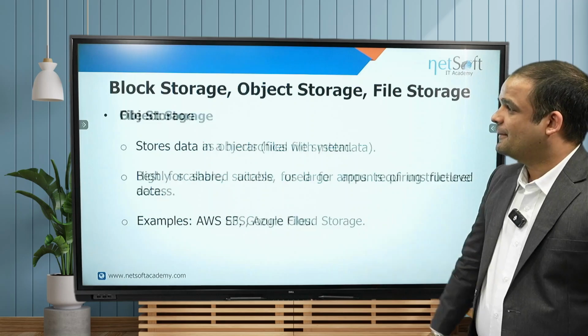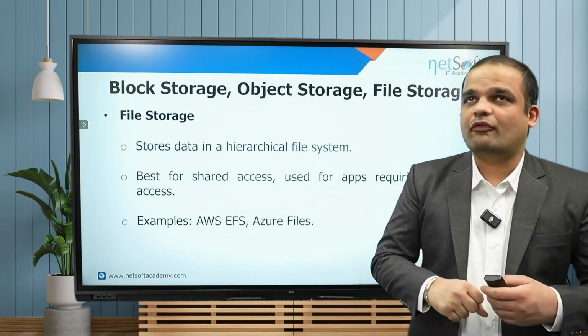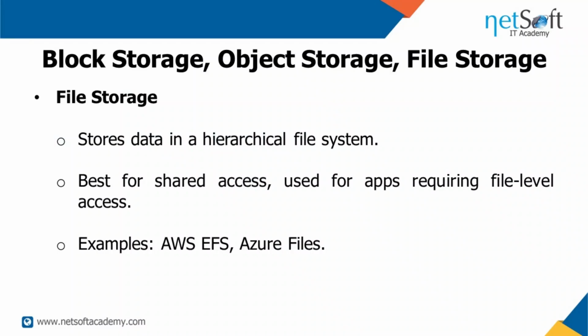Let's move to file storage. This is actually the most common, and every organization will use it in one form or another. File storage organizes the data in a hierarchical file system where every sublevel is interconnected, similar to traditional on-premises file servers.